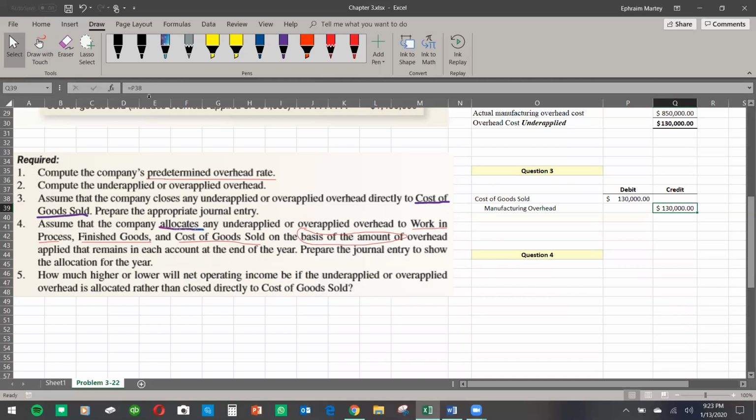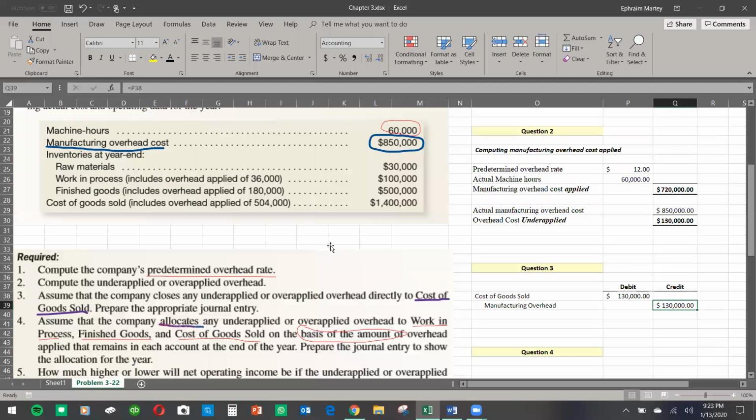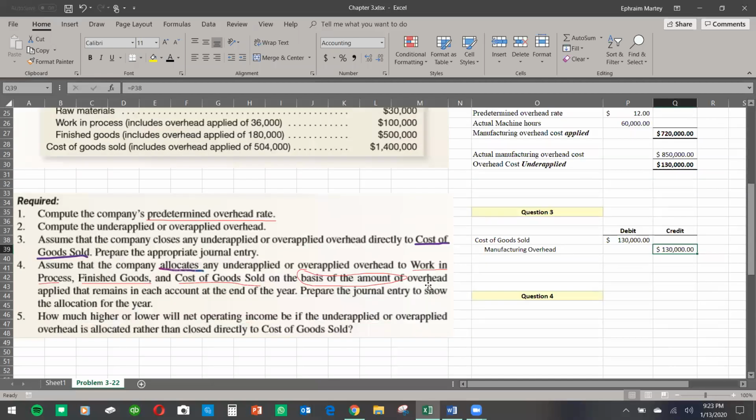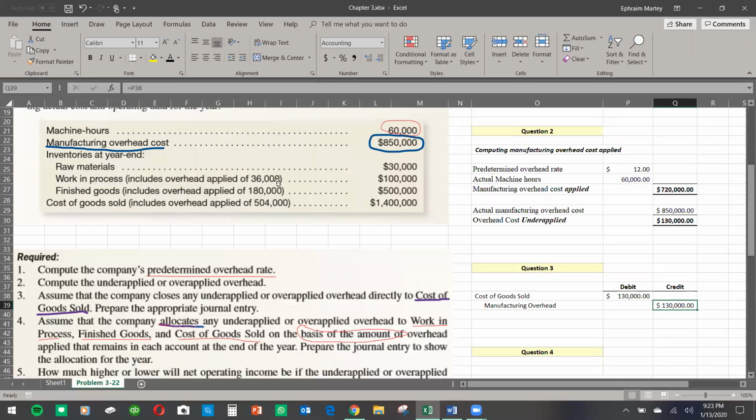So we go back. Here, work in progress: we know we have 100,000, but 36,000 of it was overhead cost.